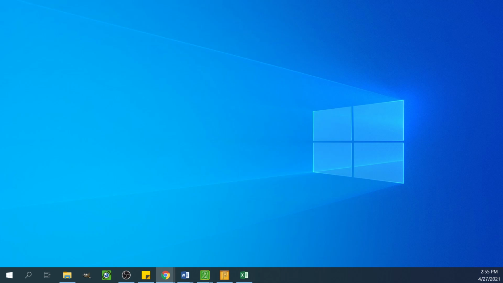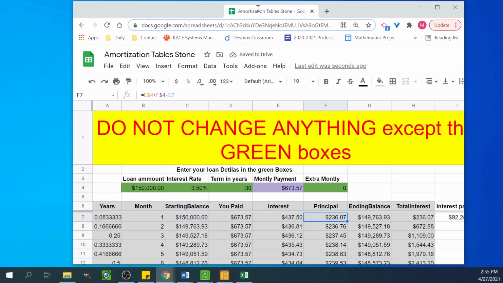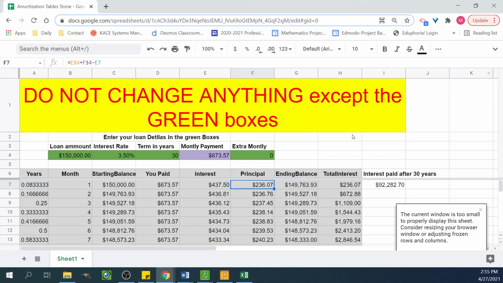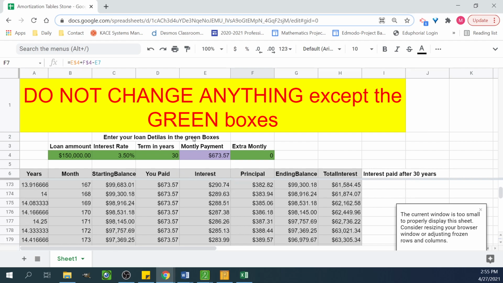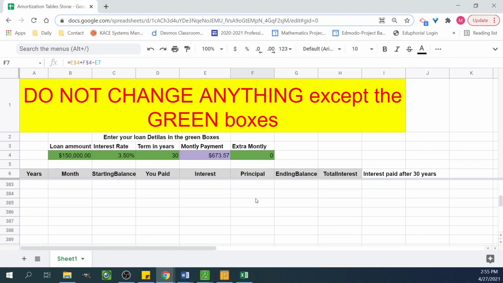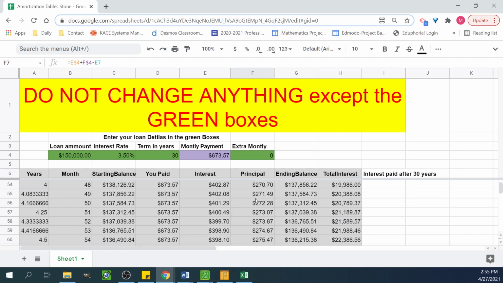Okay. So this is my copy. And what I did, I just froze these top ones so that when I scroll, the labels are staying for me. Does that make sense? How do you do that? I already did it for you. Or do you want me to show you how?